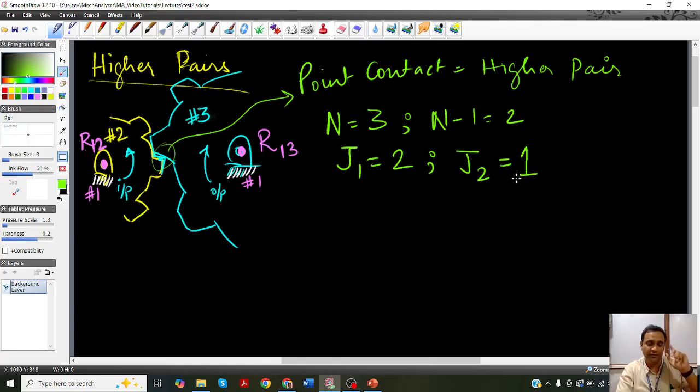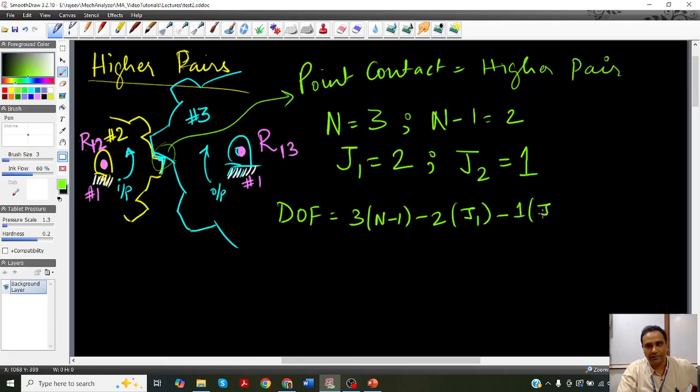How many we have? We have 1. So degree of freedom is given by 3 into n minus 1 minus 2 into J1 minus 1 into J2. Okay, 3 into n minus 1 is 2, minus 2 into 2, minus 1 into 1.